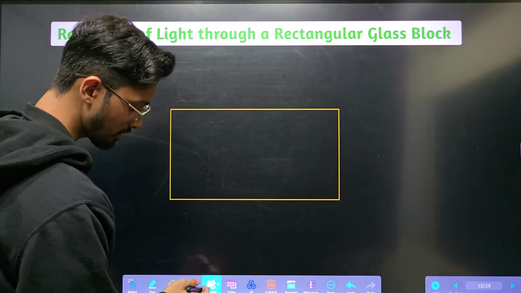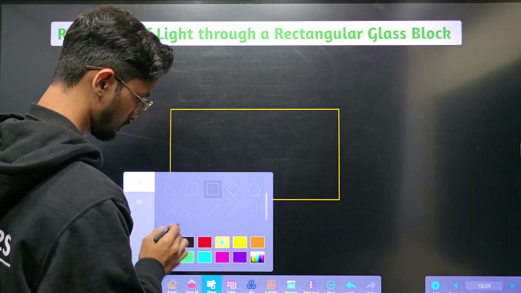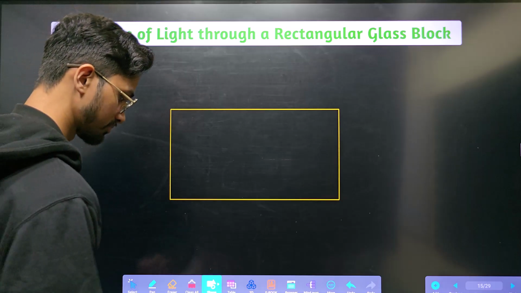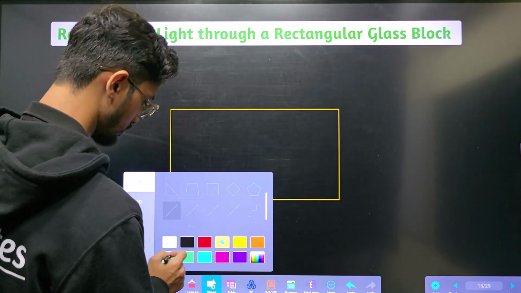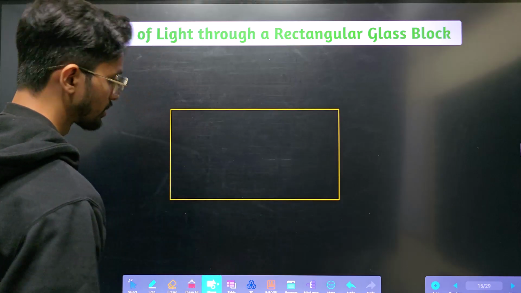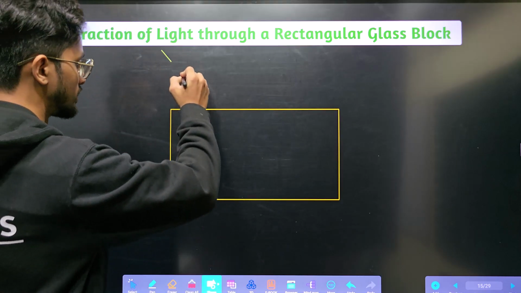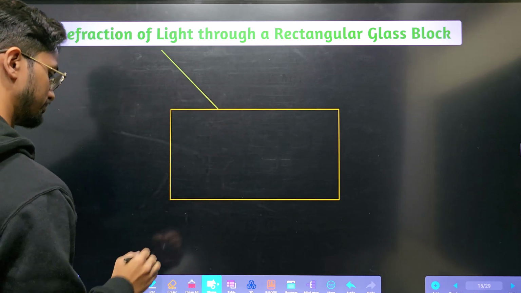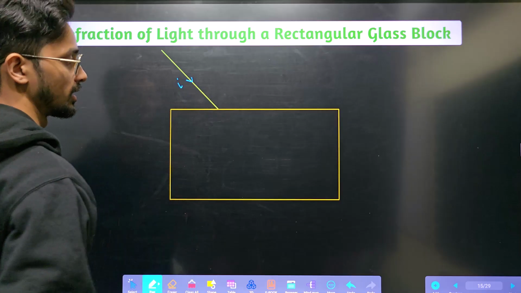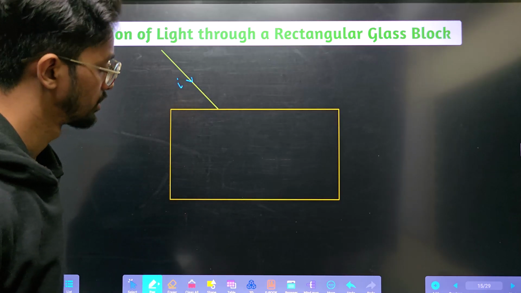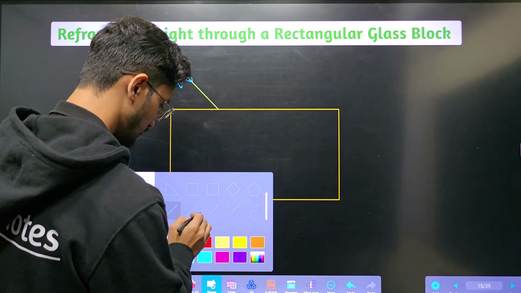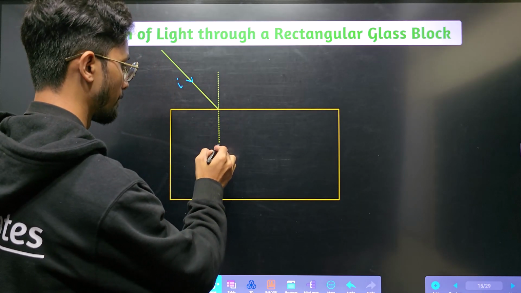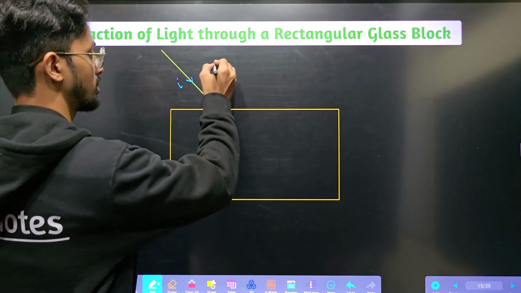Now we'll pass a ray of light here. This is the incident ray. Now what will be the normal? This will be our normal.